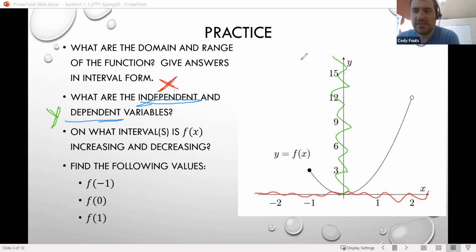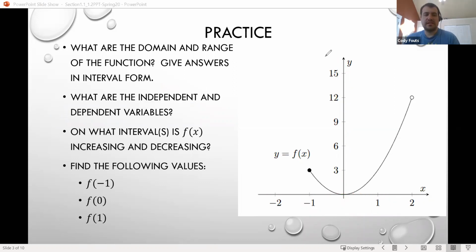We can see things like t's and v's and thetas and gammas and all sorts of different things. And in fact, for those of you continuing on to Calc 2, you'll even see some functions where y is the independent variable and x is the dependent variable. So that's why it's always important to identify which is which to help you understand where your inputs and your outputs go. Okay, so those would be our independent and dependent variables.